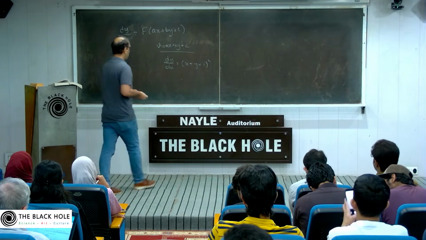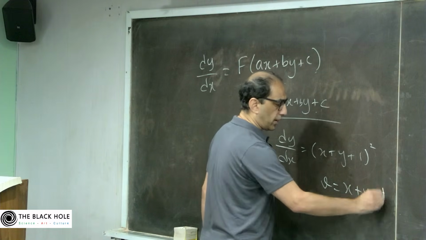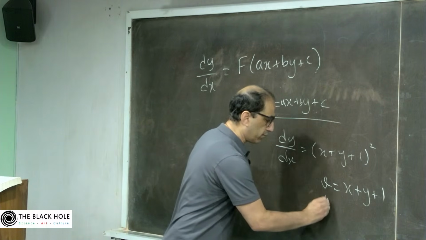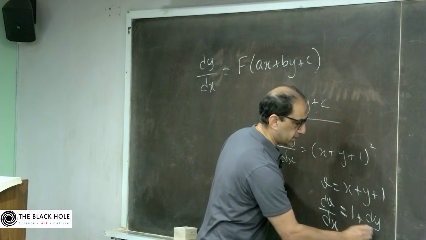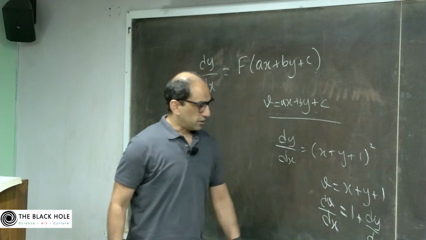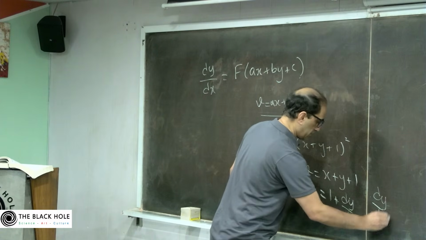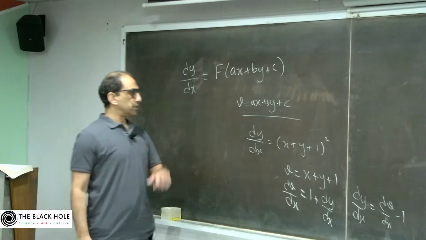Okay? So therefore you just write v is equal to x plus y plus 1, and then you will have dv over dx is equal to 1 plus dy over dx. You make this substitution, dy over dx is equal to dv over dx minus 1. Now substitute and tell me what you get.